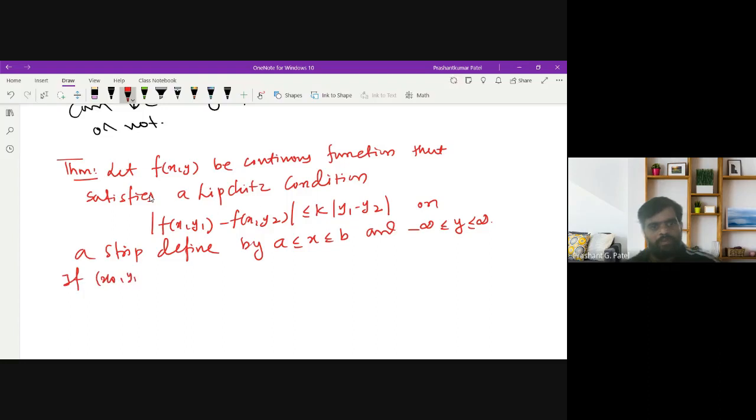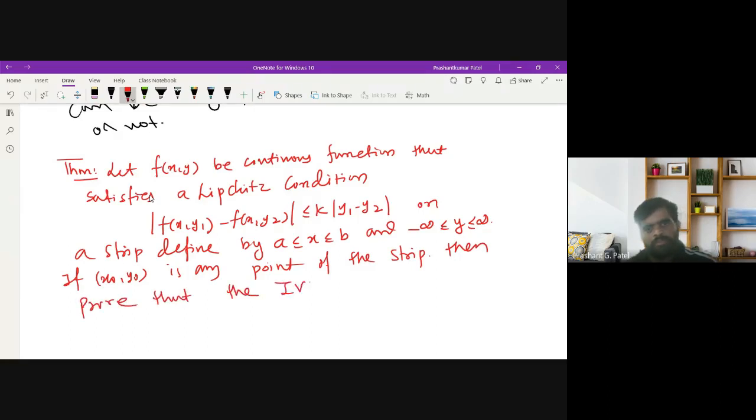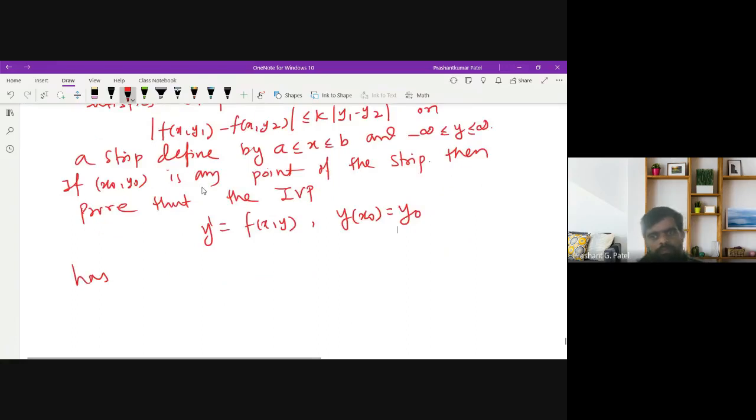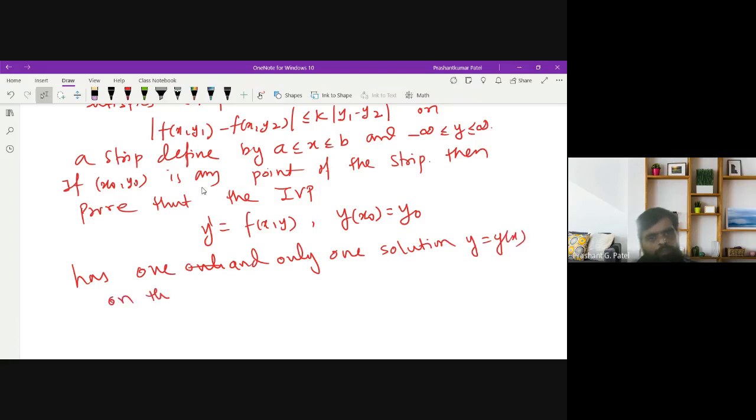If this x0, y0 is any point of the strip, then prove that the initial value problem, that I am writing as IVP, y dash is equal to f of x, y, y of x0 equal to y0 has a unique, or one and only one, solution y equal to y of x on the interval AB.